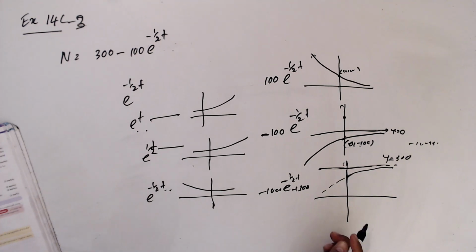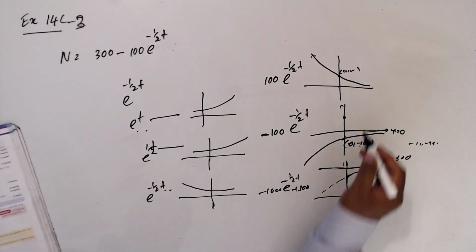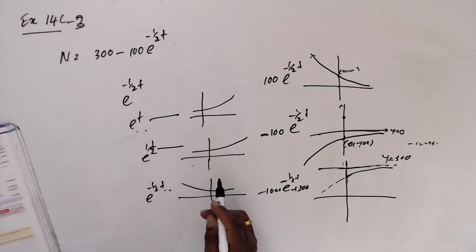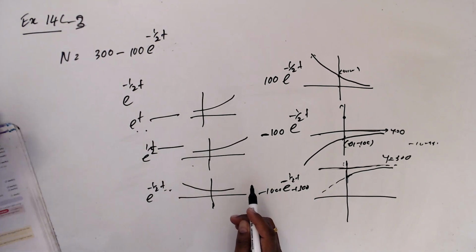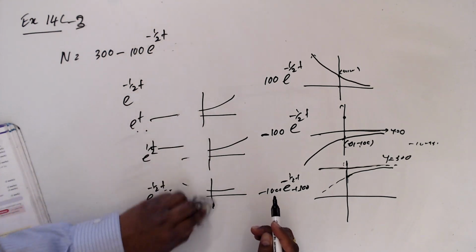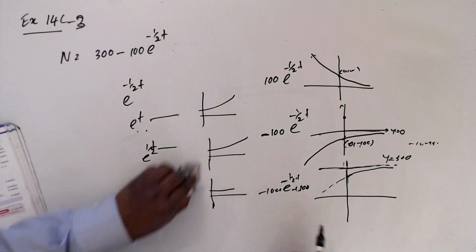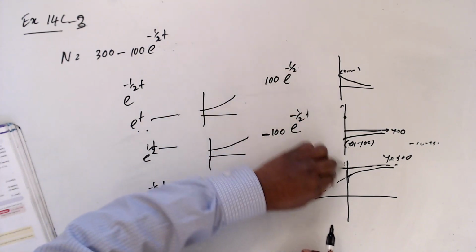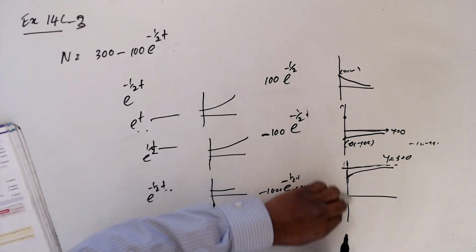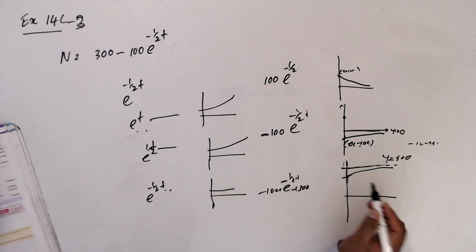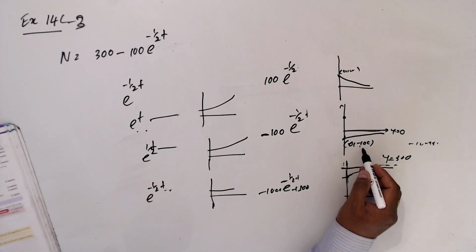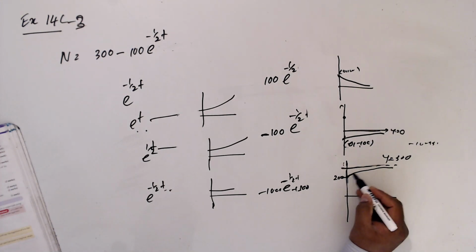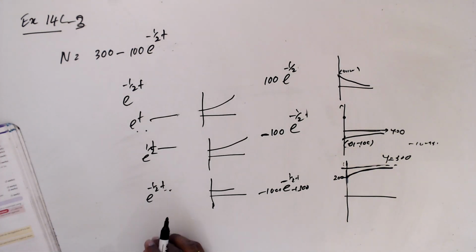Now I have to delete the extra part, because for a t graph there is no negative. Time means no negative, so it has to be like this. So this value is minus 100 plus 300, 200. So we are expecting this kind of graph for this one.